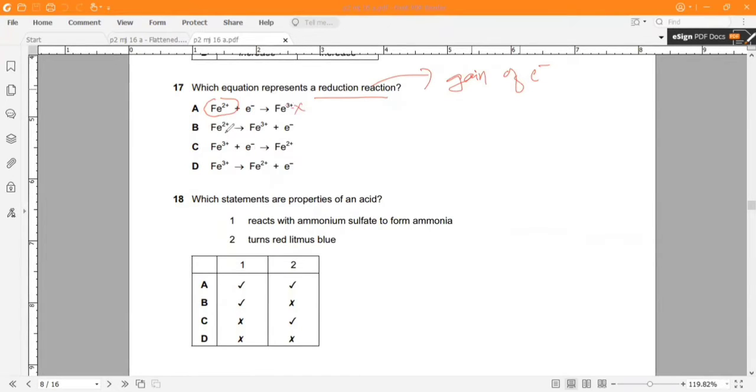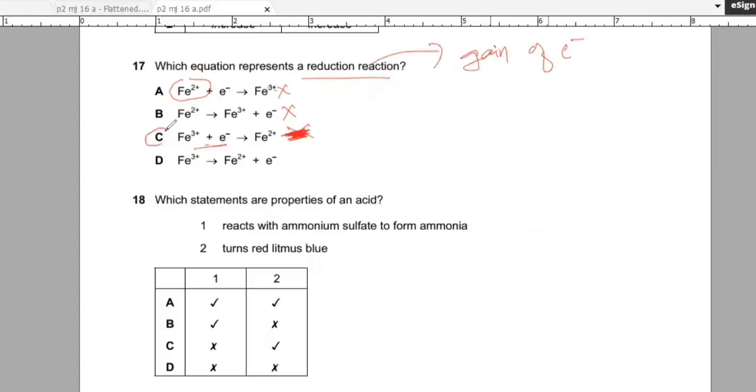Second, if you look at Fe2+, it loses electrons. It is not the gain of electrons; they are talking about loss of electrons. This one is actually gain of electrons. Look at Fe3+: the oxidation number decreases. When the oxidation number decreases, that is called gain of electrons.